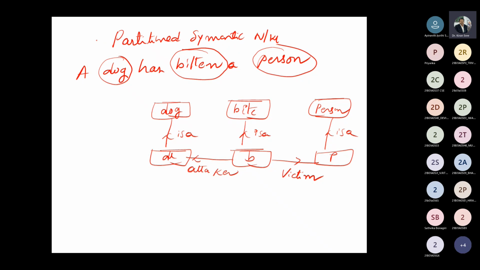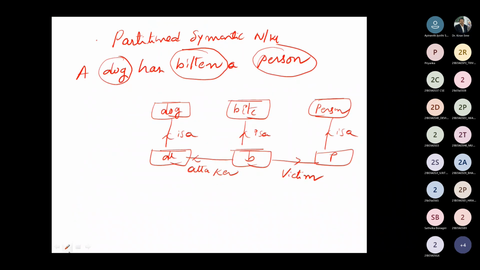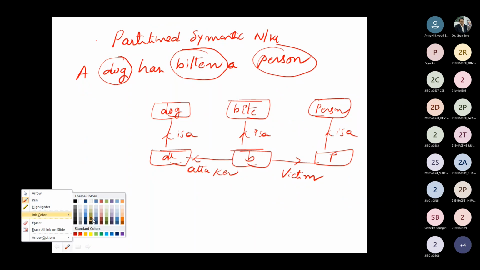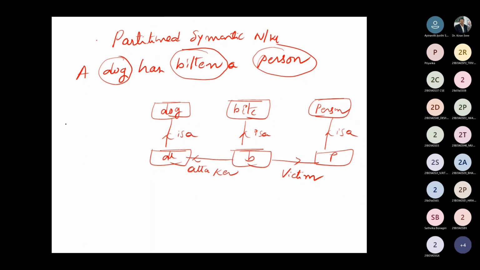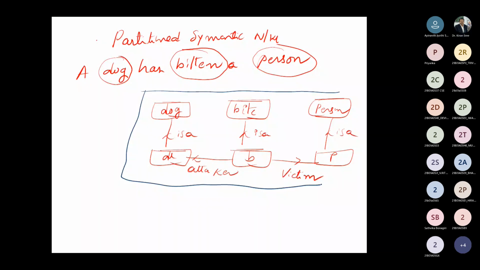Then when you have a statement like all dogs have bitten a person, you consider this as a partition, because these actions are common to all three statements. You take it as a partition and take a general statement.